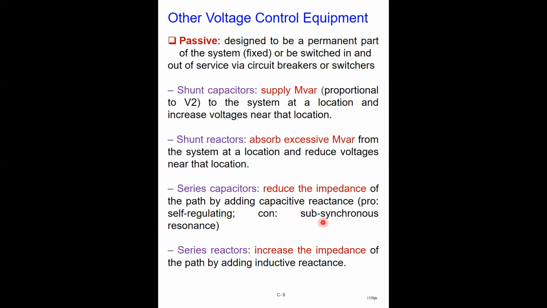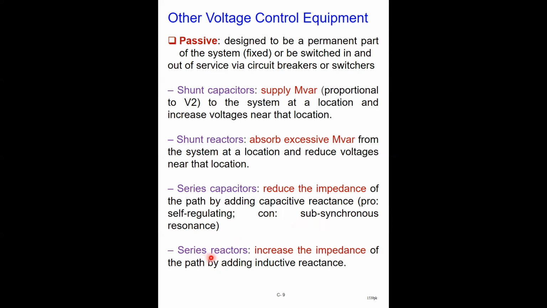That means they can result in excitation of a mode, let's say in the range of 10 hertz or 15 hertz or 20 hertz. So you may observe subsynchronous resonance whenever you have the series capacitor introduced into the circuit.